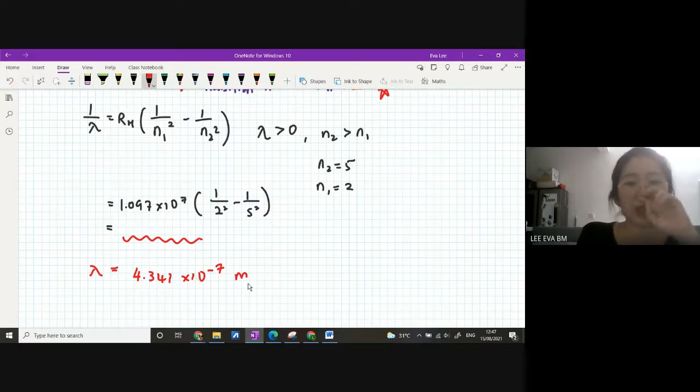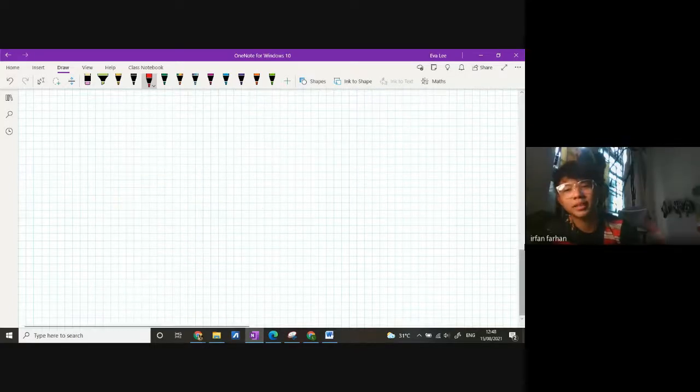You can choose either to stop at meter or convert into nanometer, unless the question stated. Is that alright?